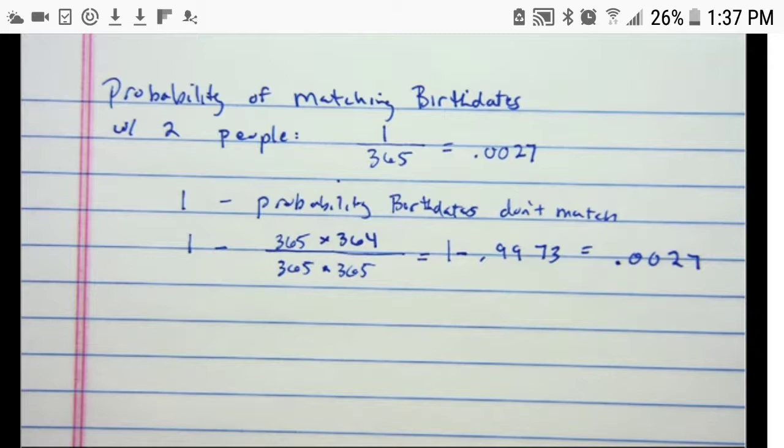So we have in the denominator all the different possible combinations of two persons' birthdays, and in the numerator we have all the combinations that do not result in a match. So they're not going to match in 365 times 364 different ways.